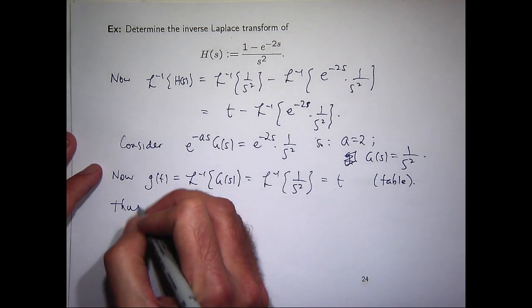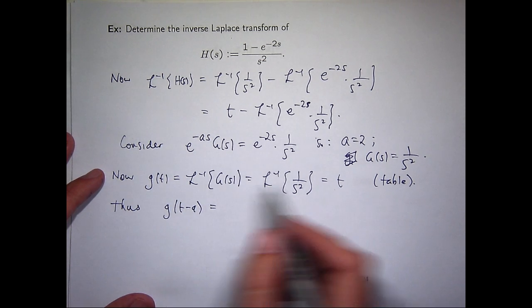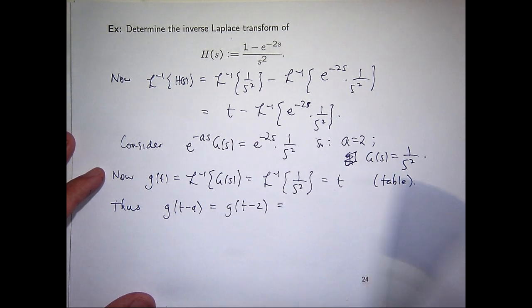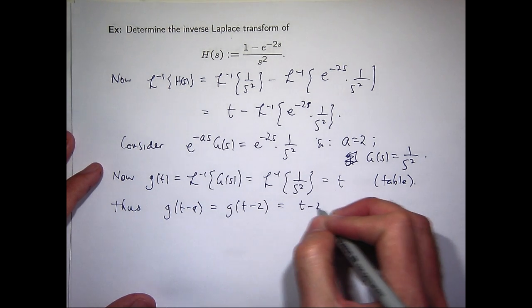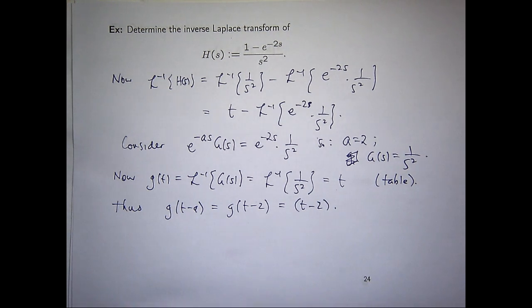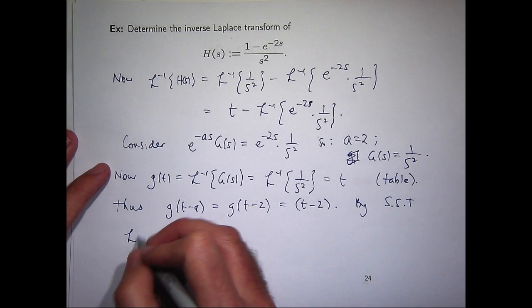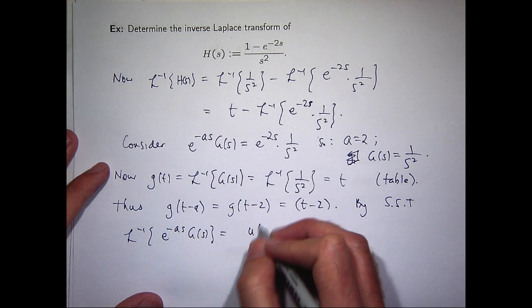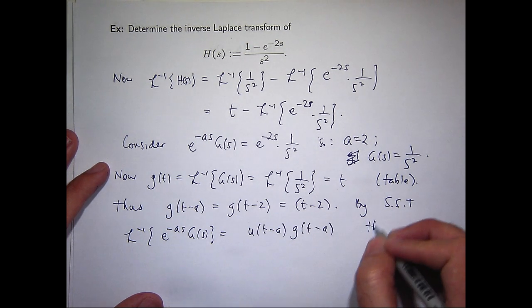So let's shift it. A is 2. If g of t is t, then g of t minus 2, I'll just replace t with t minus 2, in brackets. By the second shifting theorem, we have this.